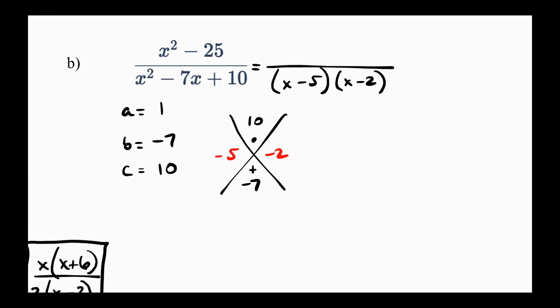It's a binomial, there's a square, there's a minus, and 25 is on our list of perfect squares, right? Because it's 5 times 5. Also, 1, the number in front, is also on our list. All of that's true, so it's difference of squares.